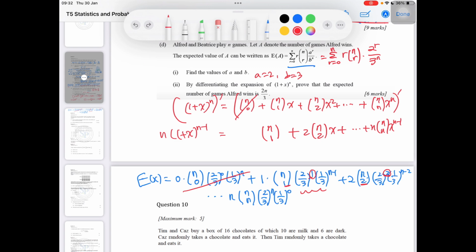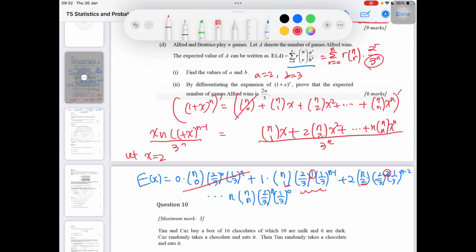So we need one more x on both sides. We have the power of n. So let's multiply 3 to the power of n on both sides, and let x be 2.